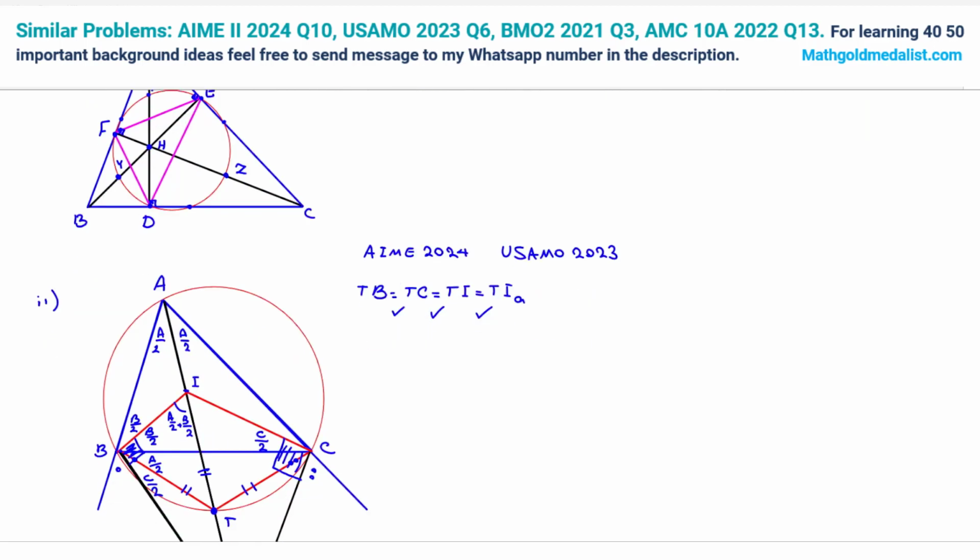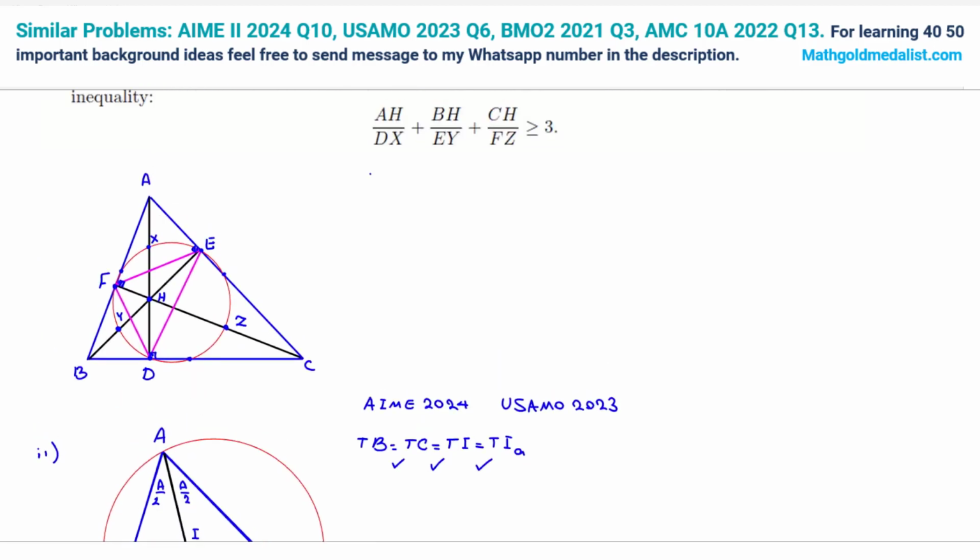If we combine this with idea 1, we can say AX is equal to XH, because H is the incenter of DEF by idea 4. AX is XH, and A is the excenter of DEF.